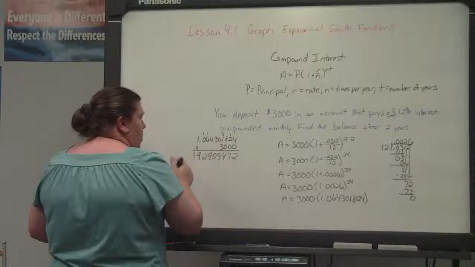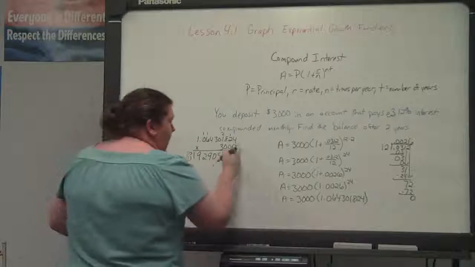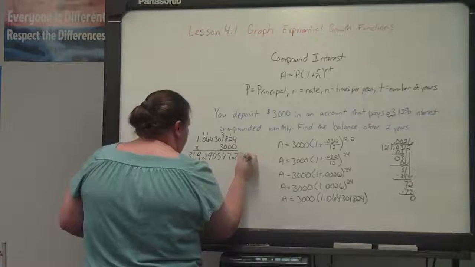And then 3 times 1 gives me 3. But I have to remember that I have 3 zeros.